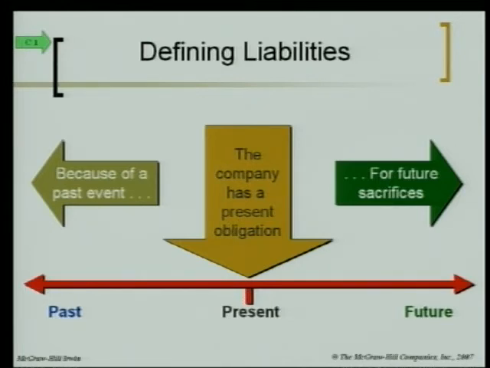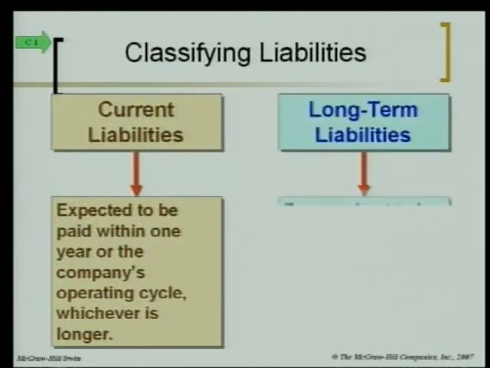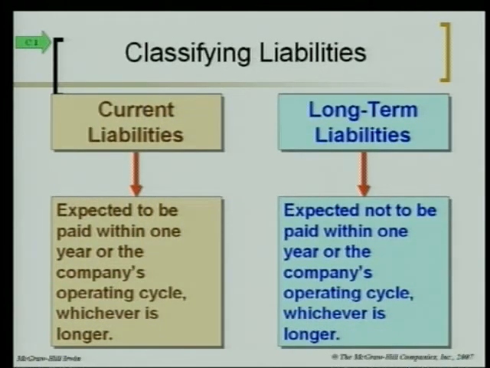That's what a liability is. Okay? Now, there are current liabilities and there are long-term liabilities. Okay? And you can read the differentiation on your PowerPoint between current liabilities and long-term liabilities.